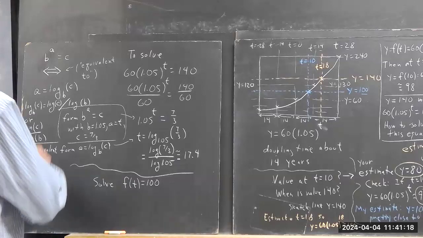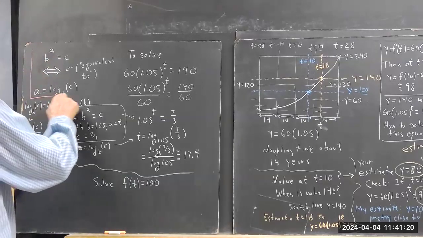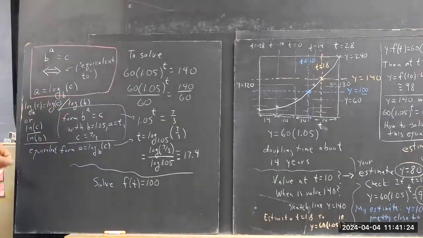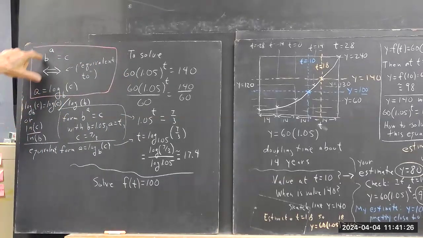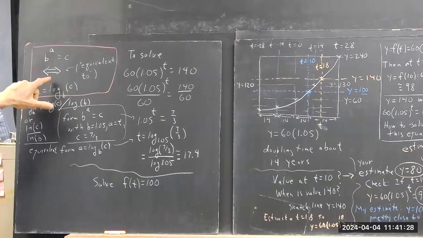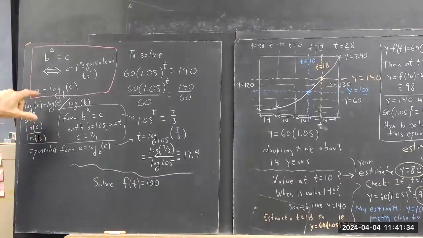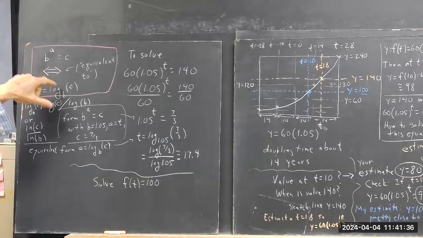Very important rule. B to the A equals C is equivalent to, and there's the sign for equivalent to, like a double arrow, A equals log base B of C.